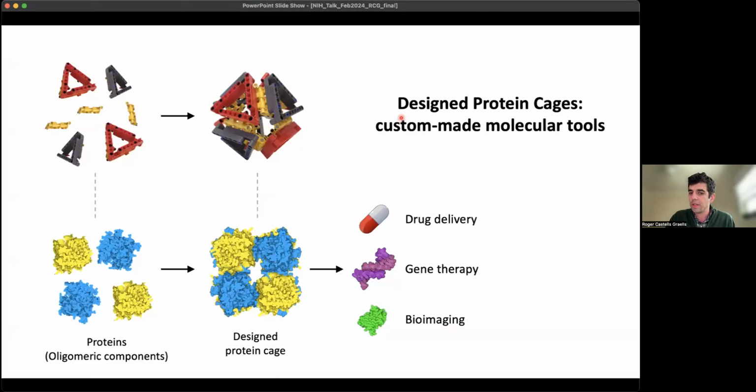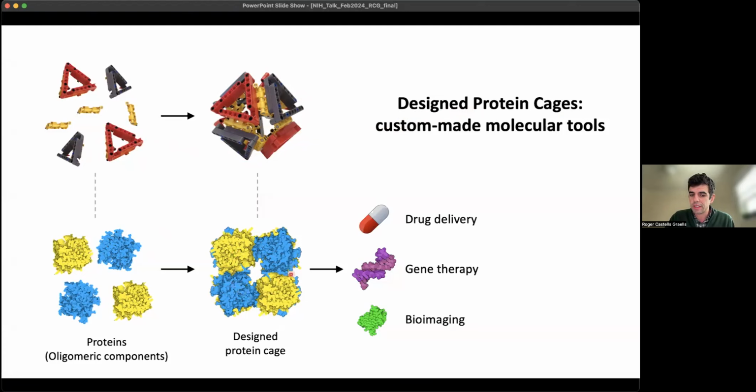And one of the ways to do it is we design protein cages. And protein cages, we can imagine them as, for example, Lego building blocks. So you can have your Lego building blocks and you can assemble them to form larger structures. The same we can do with proteins. You can take, for example, proteins and oligomeric components. We can engineer the interfaces in between them so then they can assemble into a larger structure, which is symmetric.